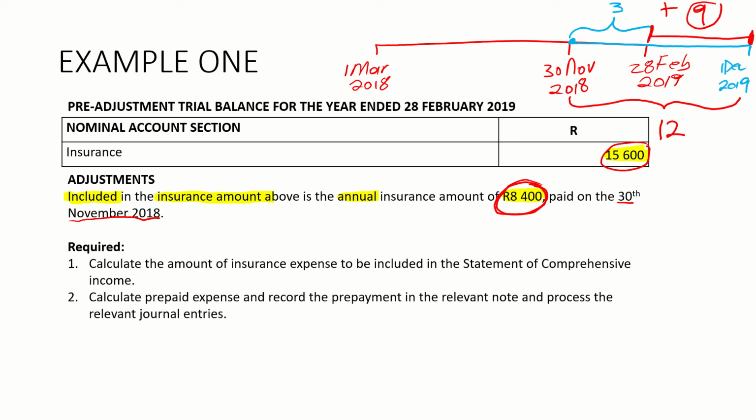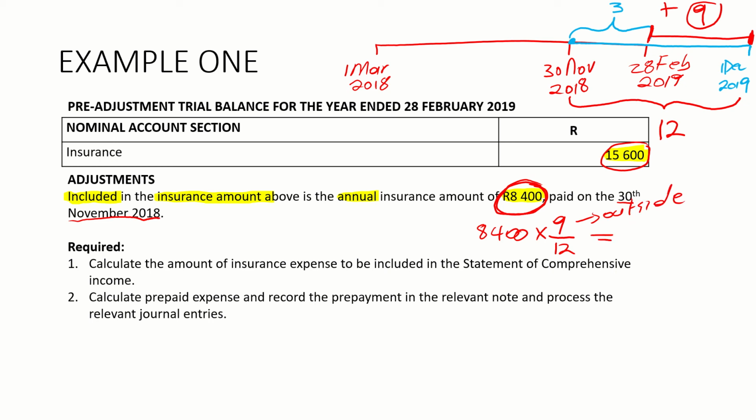So we have to find those 9 months that fall outside the financial year by taking the 8,400, multiplying it by the 9 months that fall outside the financial year, divided by the total number of months that we have paid. We have paid for 12 months in total, but 9 of those months fall outside the financial year.